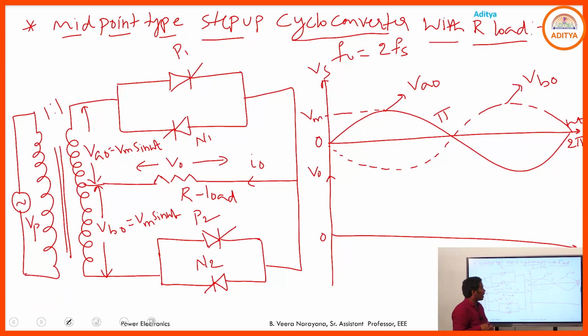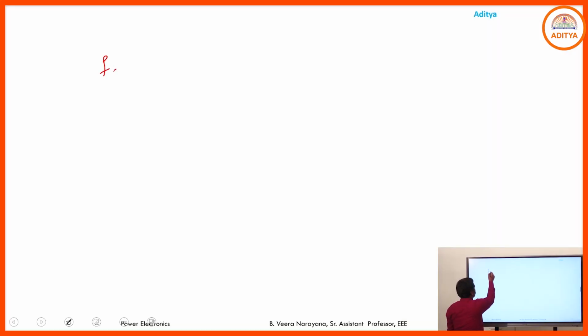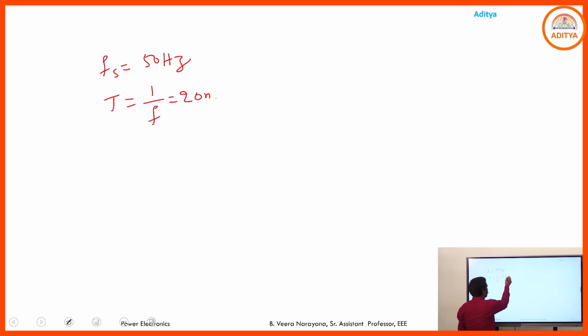Here I just want to collect the output frequency F0 equal to 2Fs. For example, the source frequency is considered as Fs equal to 50 Hz. If you choose the source frequency as 50 Hz, then what is the time period? 1 by F, which is 20 milliseconds.